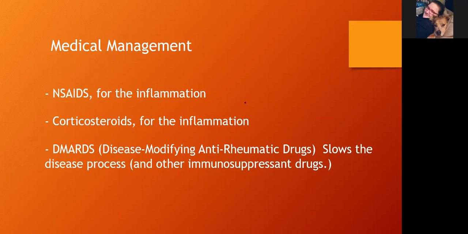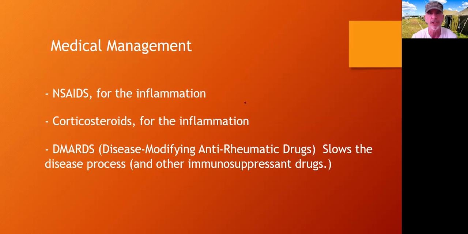I don't know if you will because they're kind of a specialty, but what they are is an immunosuppressant drug. For example, when somebody has a kidney transplant, they give them immunosuppressant drugs to keep their body from rejecting that organ. What it's doing is, your body is launching an immune response against your joints.